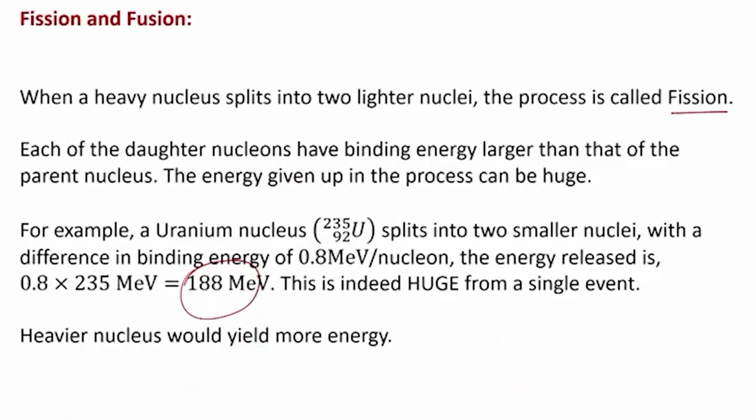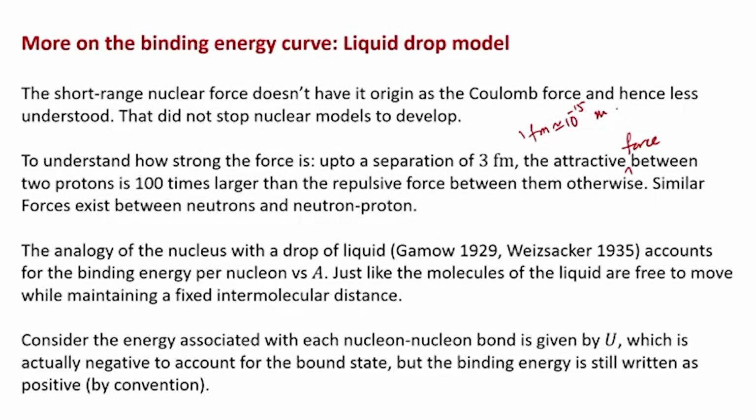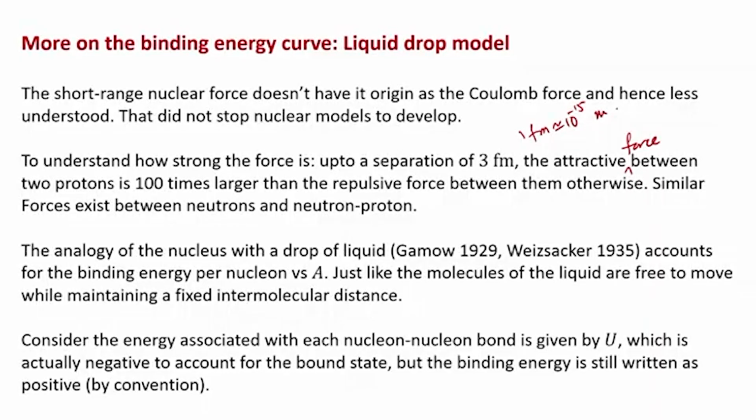The similarity with a drop of liquid and not a solid can be understood, because even in solids the ions interact by nearest neighbor spring-like force, but the vibration this spring-like motion causes is enormously large and would harm the stability of the nucleus. So, solids were kept out of the discussion, and the only analogy that was found was with a liquid drop.